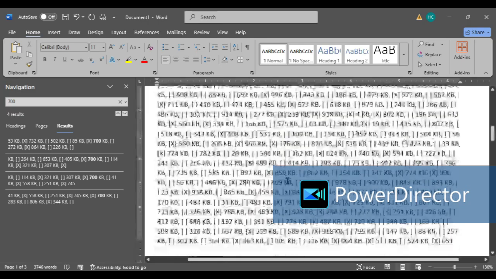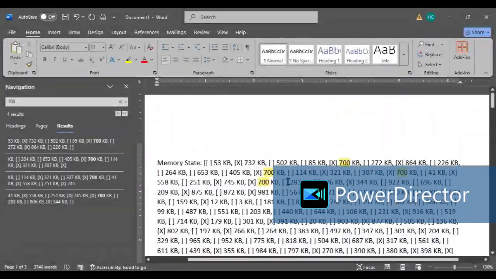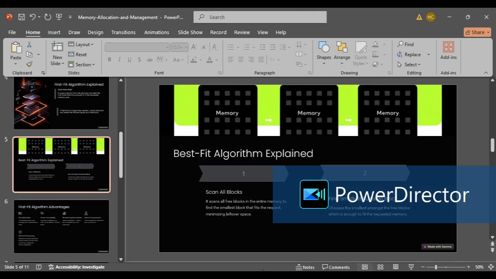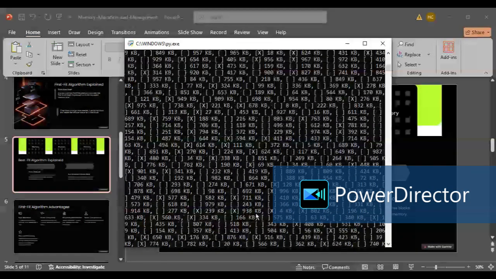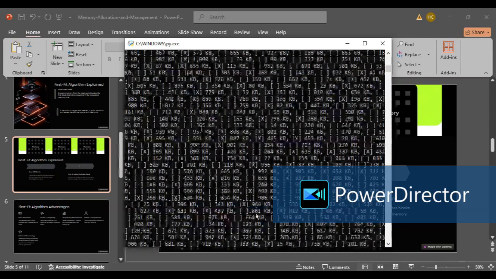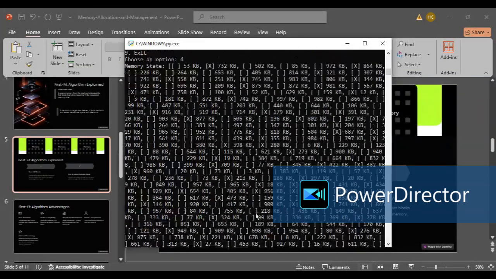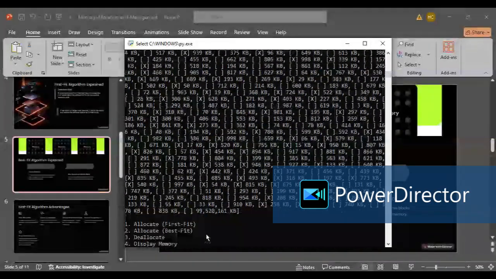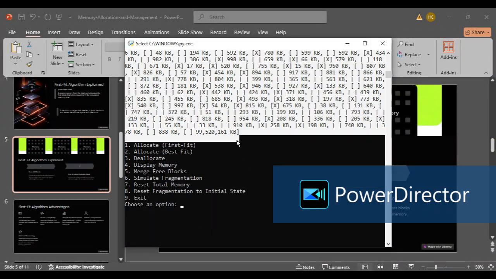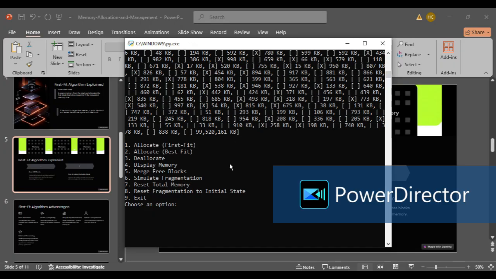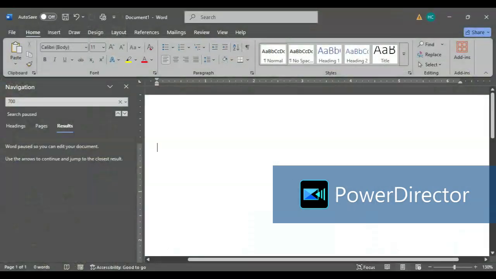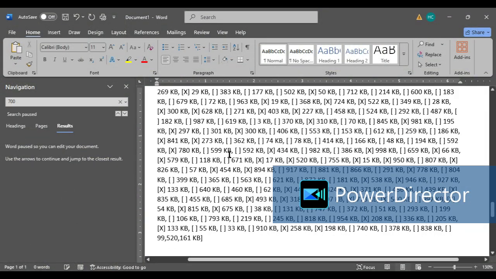Now let's do the same for the best fit. I will copy for the best fit. So this is for the best fit. I will copy this, and here we will see the real difference between the two. I will paste this here and search for 700.